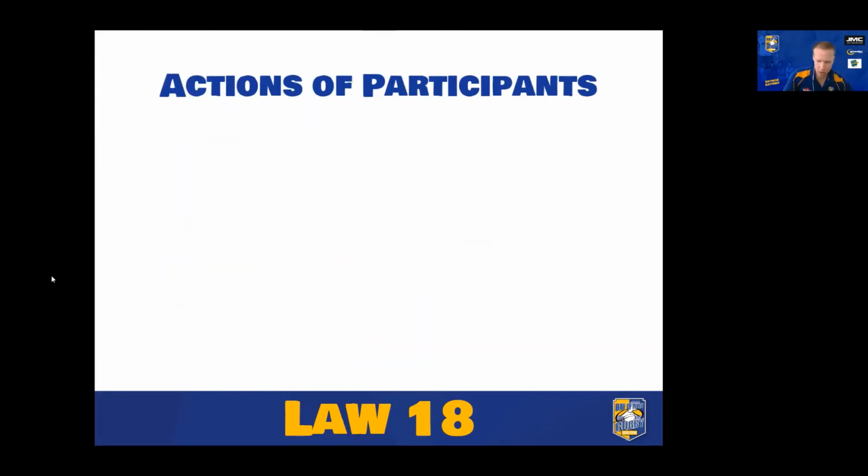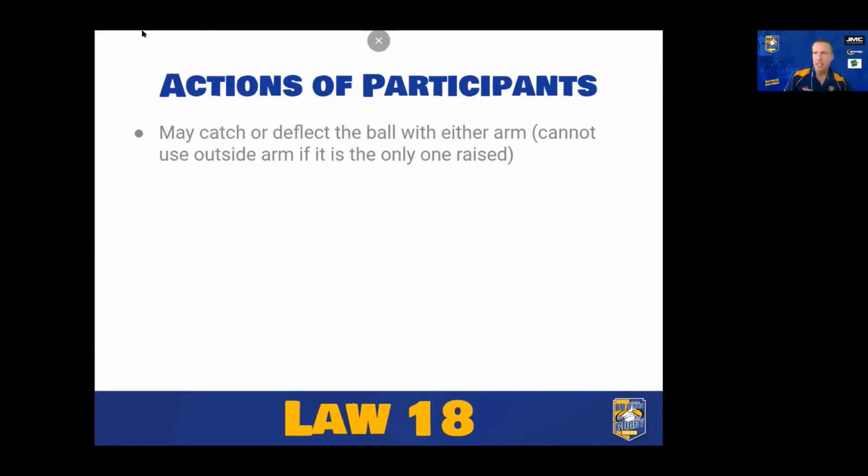Cool. And what can people do in the lineout? Okay, so they can catch or deflect the ball. They can use either arm to catch or to deflect the ball. However, the outside arm can only be used if both arms are above the head.